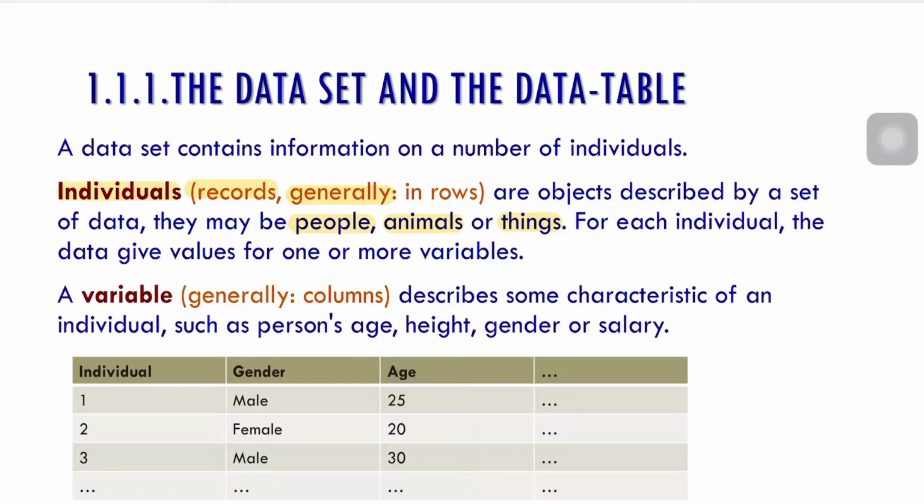For example, as you see, the variable shows the characteristic of the individual. It is related to the individual. For example, if we have patients in the hospital, they are individuals, and the variables are their age, gender, blood pressure, problems, height, salary, and everything.